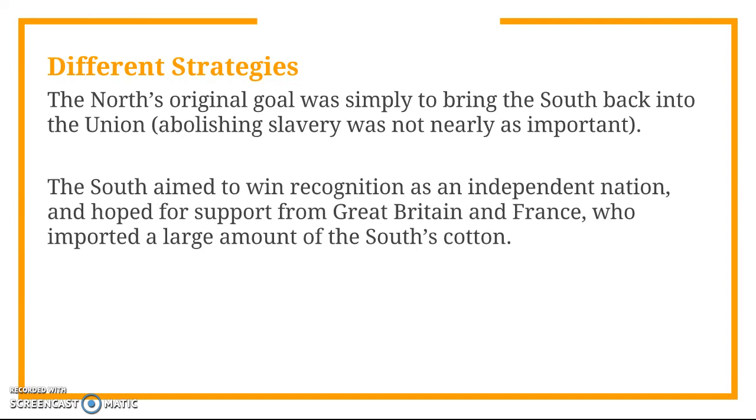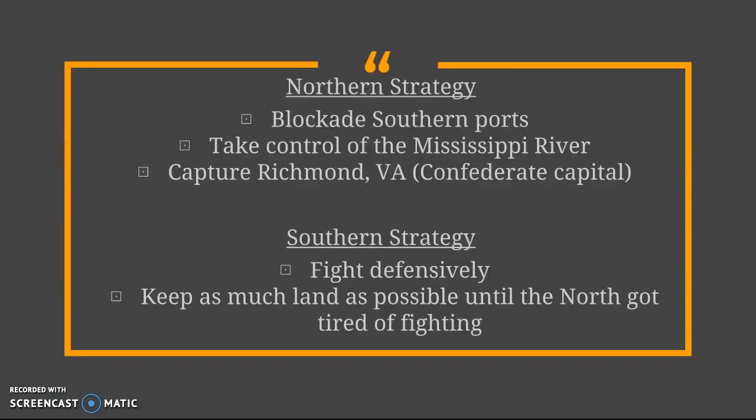They were not interested in compromise. They had broken away as a way to protect their way of life, and they wanted to be completely separate from the Union states. So these were obviously two very different strategies at the start of the war.